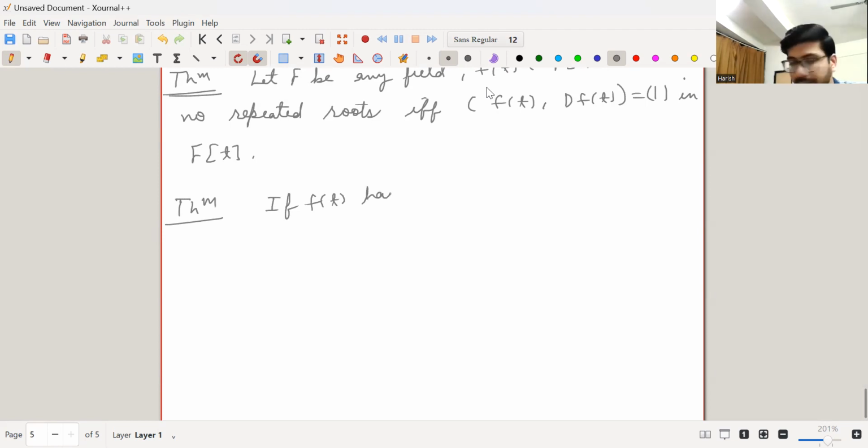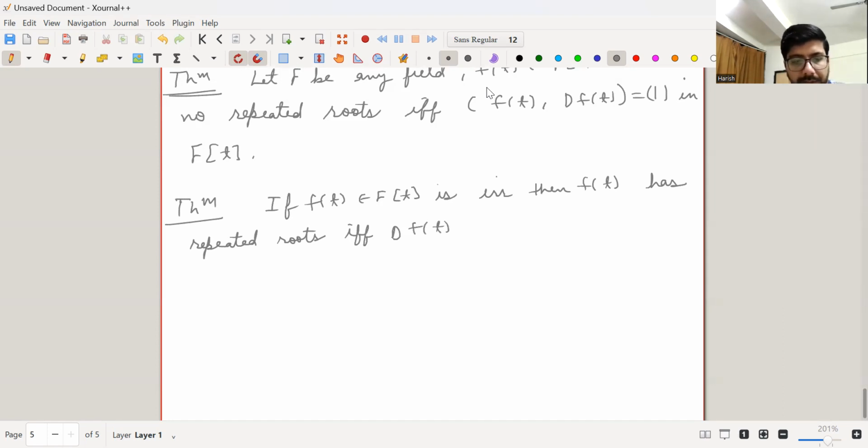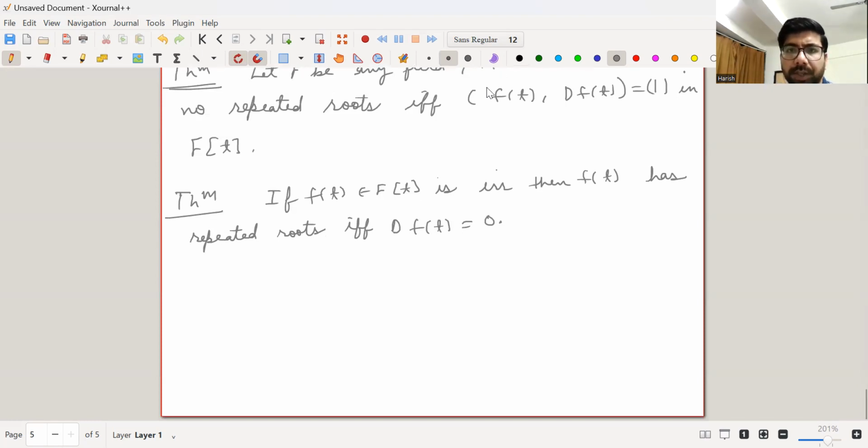If f(t) belongs to F[t] and f(t) is irreducible in F[t], of course, then f(t) has repeated roots if and only if the derivative of the function is 0. So for an irreducible polynomial, you have one more if and only if condition. Okay, so that's it from lecture 3.